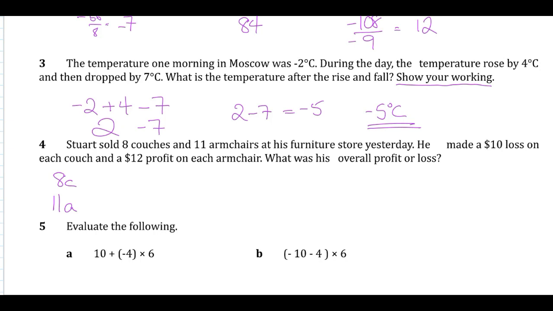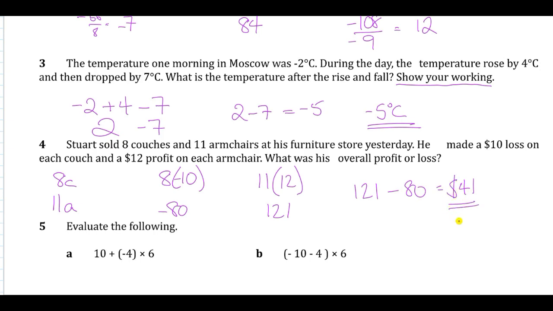So he lost 8 lots of 10. But he made 11 lots of 12. This is 121. This is 80. However, this is a loss. So he lost 8 lots of minus 10, negative 80. A $121 profit with an $80 loss leaves him with $41 overall profit.